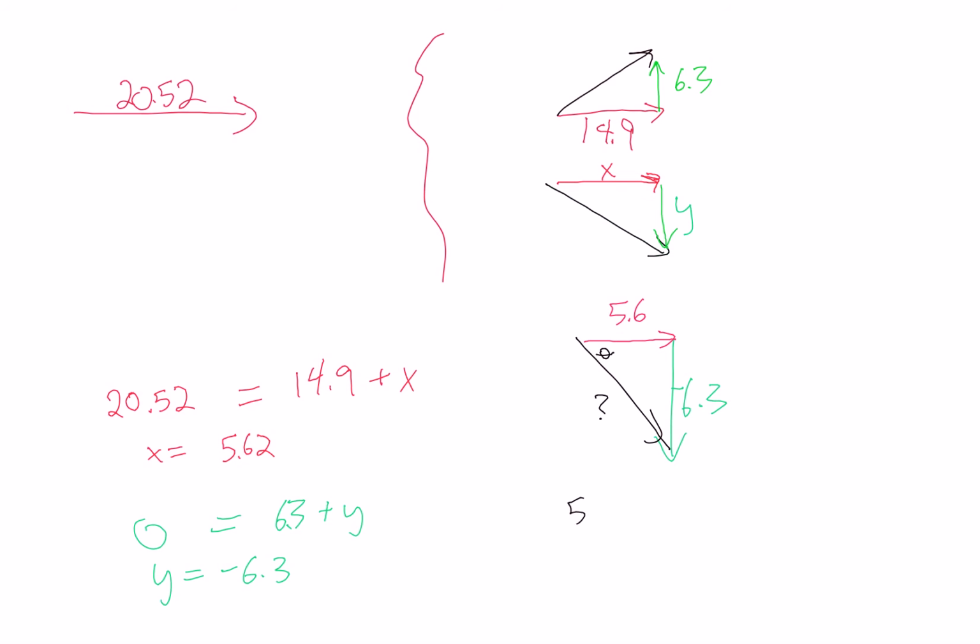If we do the Pythagorean theorem, that'll give us our hypotenuse, 8.4. And let's use tangent to figure out our angle. Our angle would be 6.3 opposite over adjacent, so go second tan.